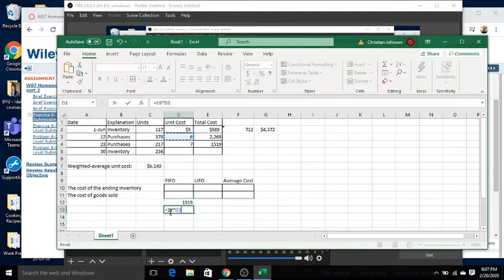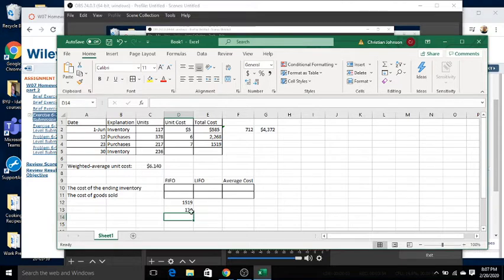The reason for there being 19 is because that is the difference between 236, the total of June 30th, and 217, the total on June 23rd. The answer to that is 1,519 for these, these are the two answers right here.